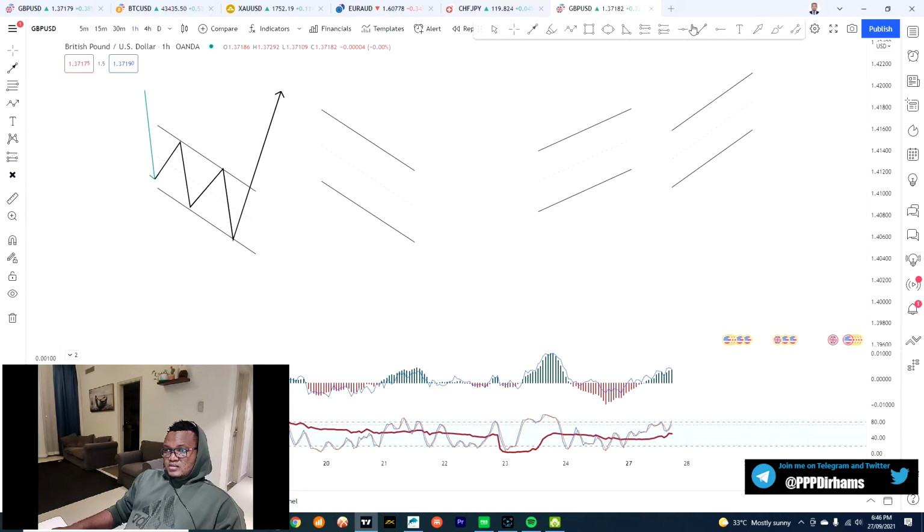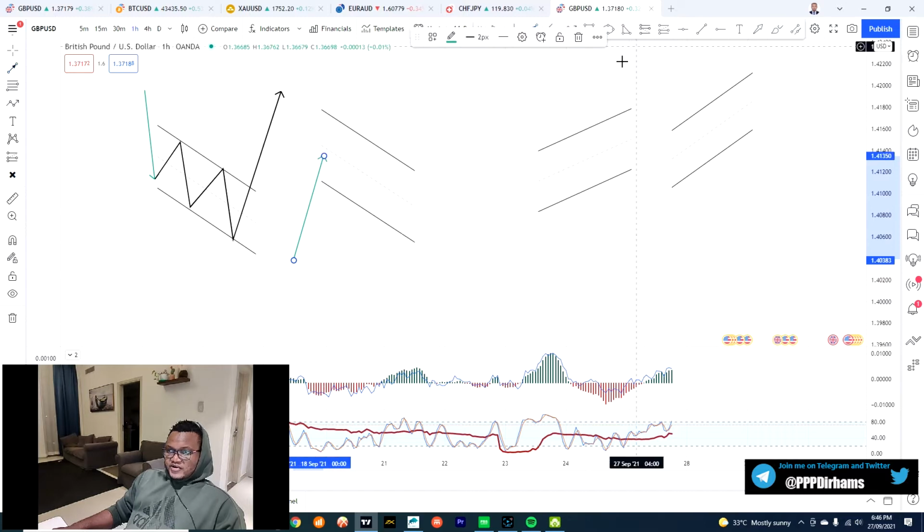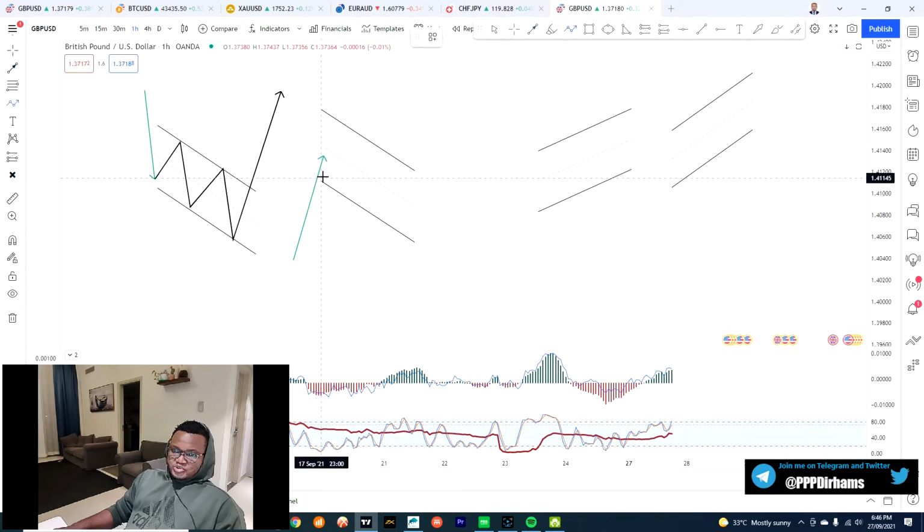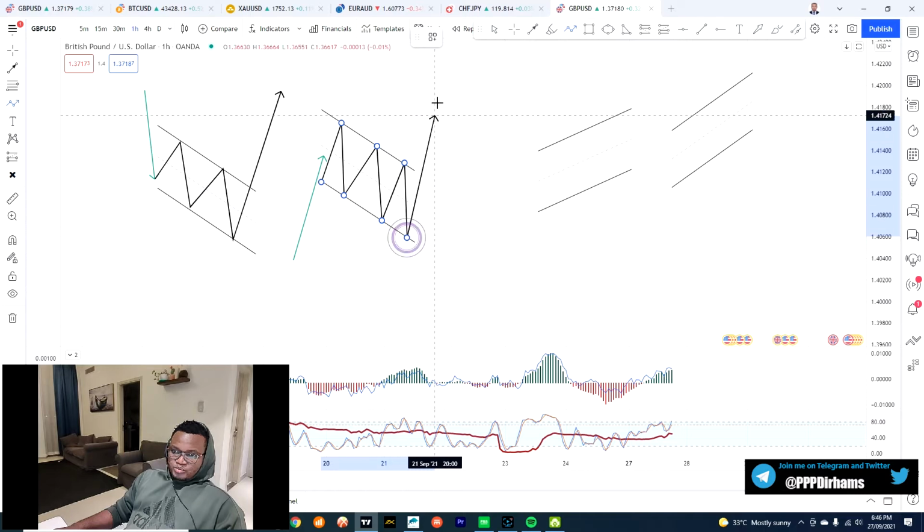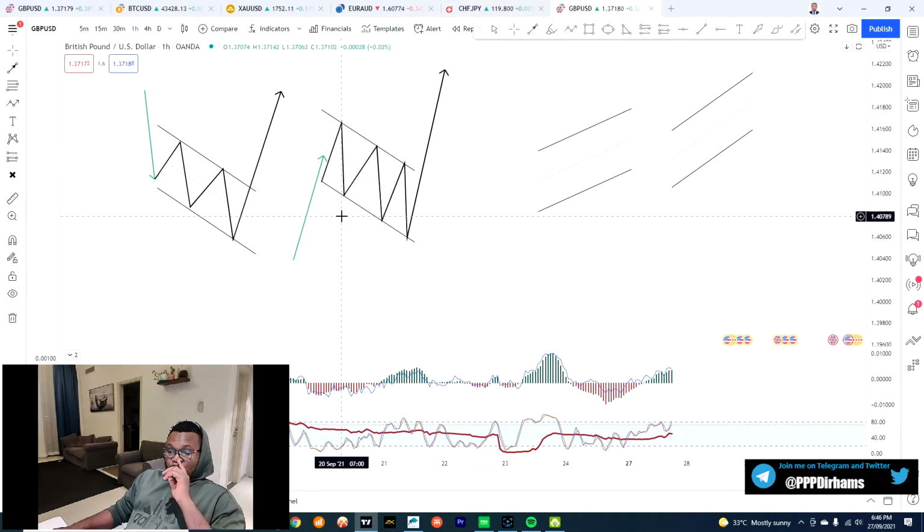And on the second note, if the price is coming from up, from this direction, there is possibility that you're going to have this, and then price will break out in this direction, we continue. So this is a continuation pattern, and this is a reversal pattern.